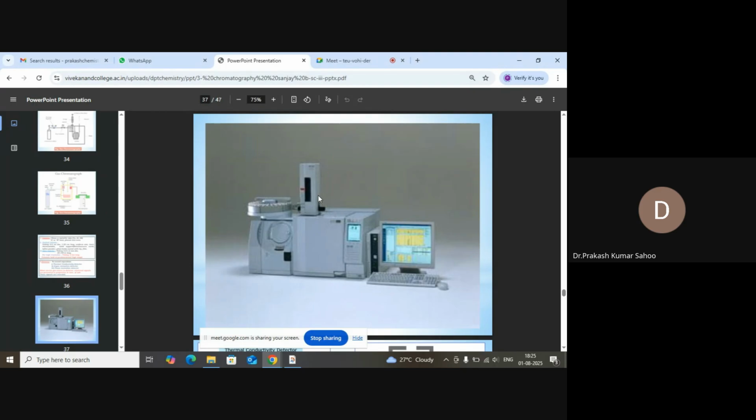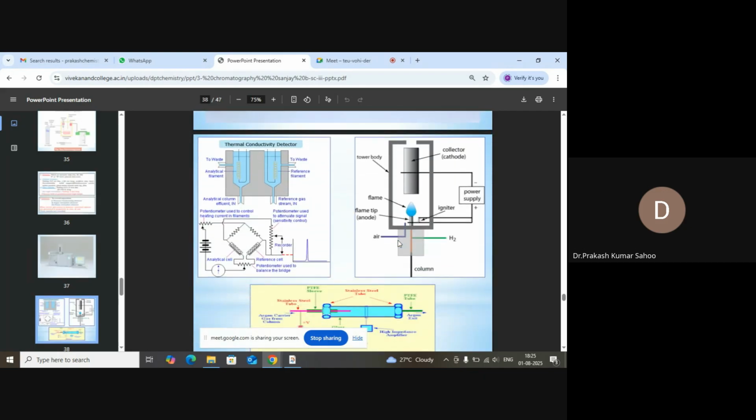And after that, vapors of the sample are allowed to pass through this column, and depending on the different separation states, the detector gets different electrical signals, and those signals are now converted into a chromatogram, which is displayed on this monitor. Okay, this is about gas chromatography.